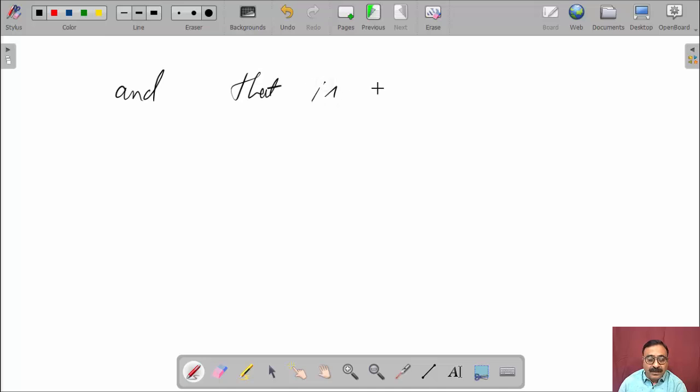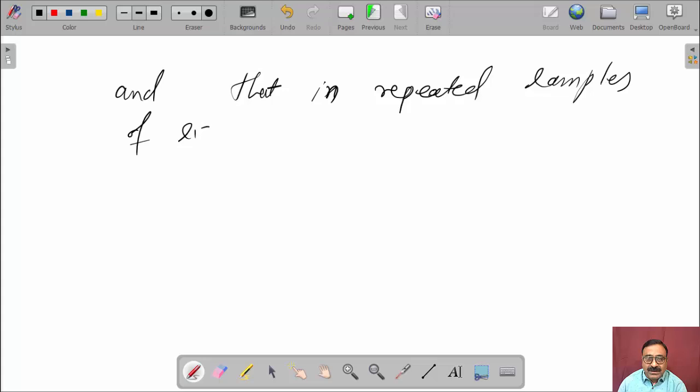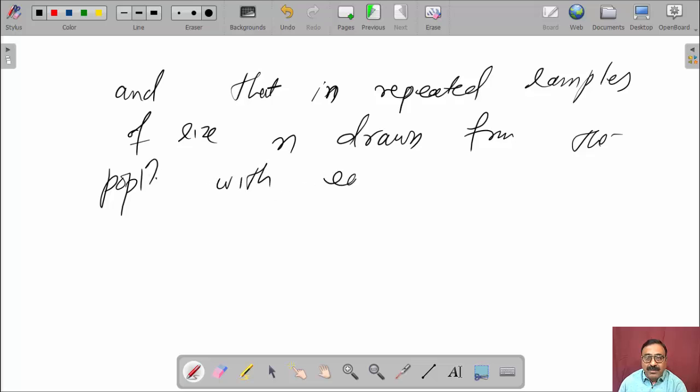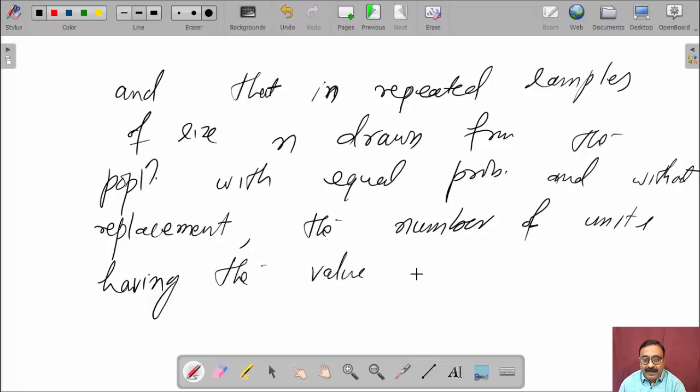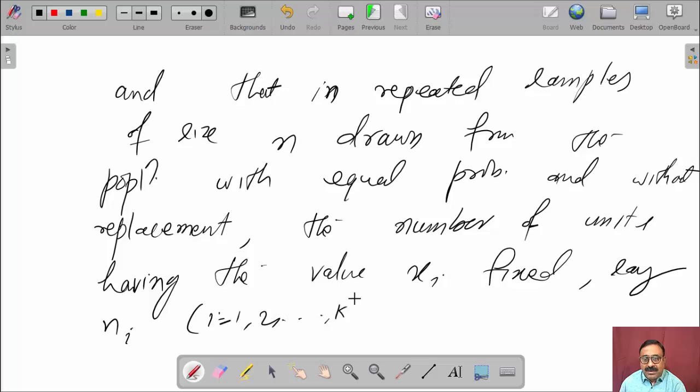That is, in repeated samples of size n drawn from the population with equal probability and without replacement, the number of units having the value xi is fixed, say ni, i equal to 1 up to k.